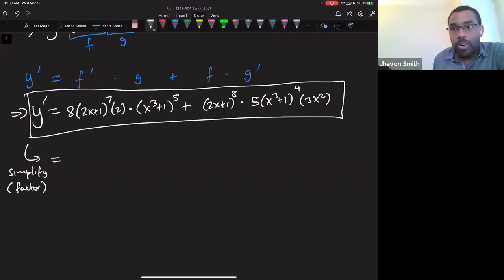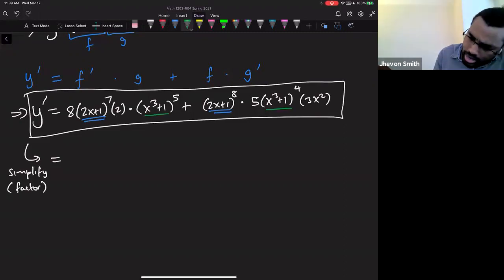Right. So the first thing you want to do when you want to factor something is identify the common terms. 2x plus 1 is a common term because it's over here, and x cubed plus 1 is a common term that's over there. Anything else that's common? No, not really. So we're going to pull those guys out.